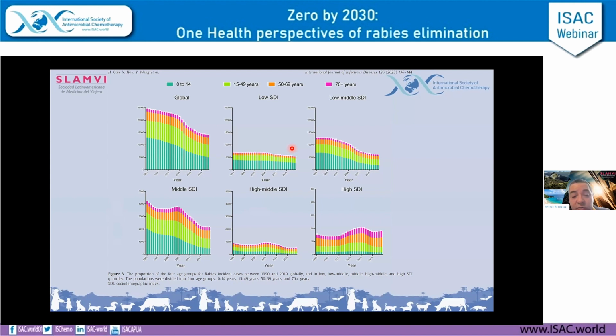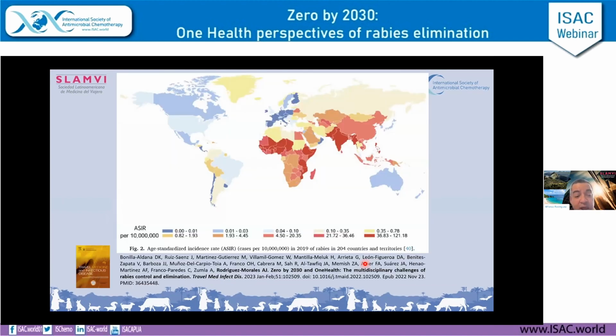Obviously, in some countries with a better socio-demographic index, the reduction is even higher, as has been stated, and also by age groups, as has been reported in this study. In general, after adjusting, the regions of the world with the highest problem are still Africa, especially Central African countries, Sub-Saharan countries, and East African countries, but also Asia, including India and other countries.